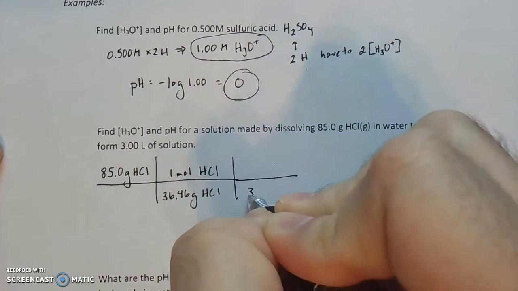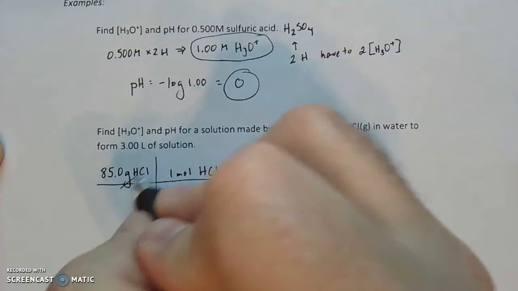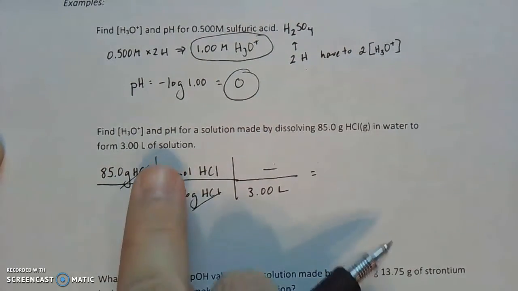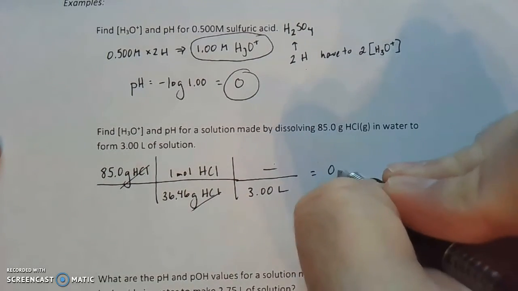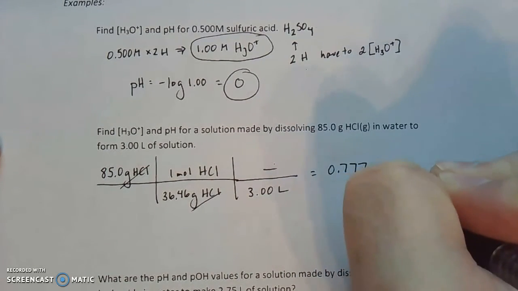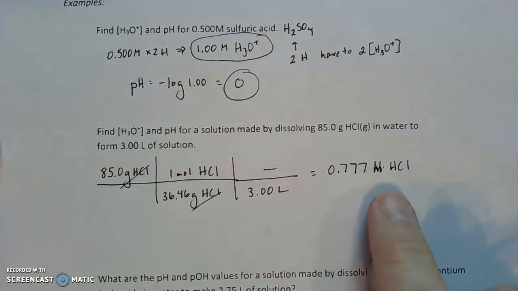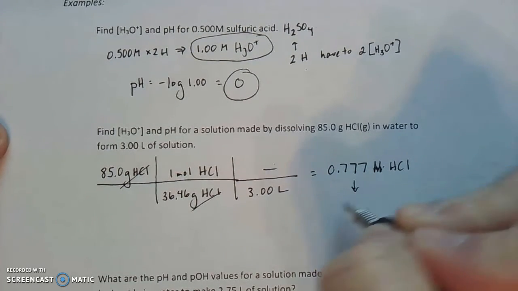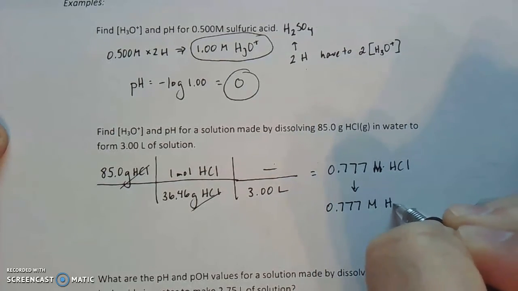And then we have 3.00 liters. So now our grams of HCl cross out. We're left with moles of HCl over liters, which is molarity. That gives us 0.777 molar HCl. There's only one H in HCl, so that means that we have 0.777 molar H3O plus.